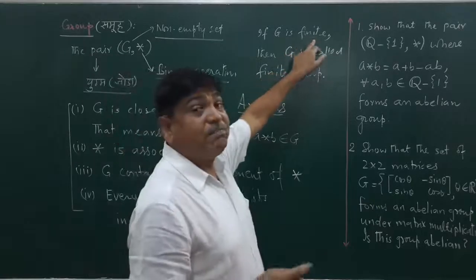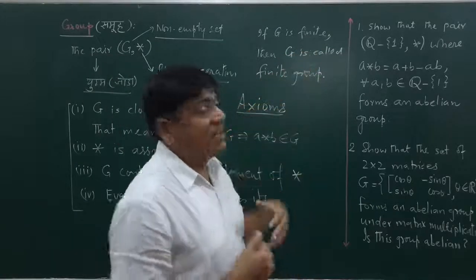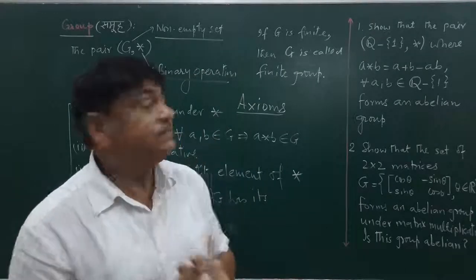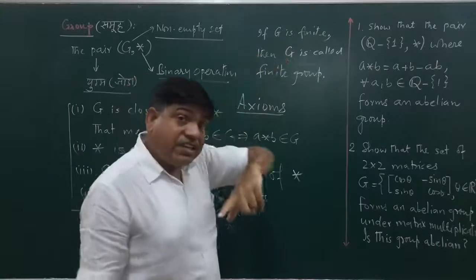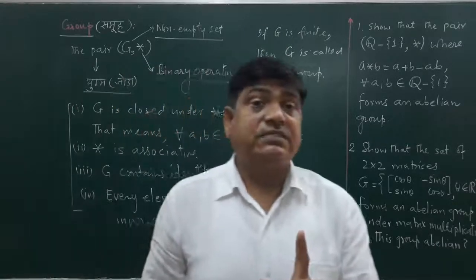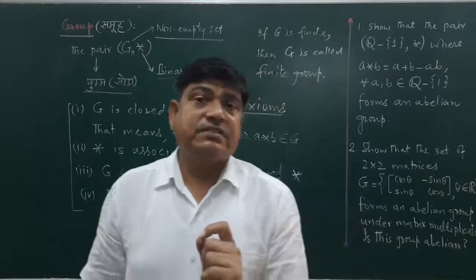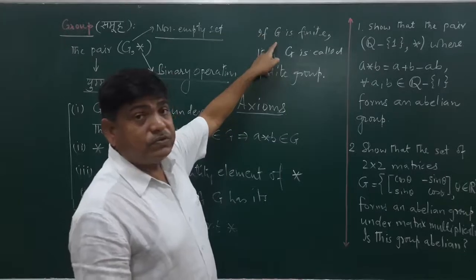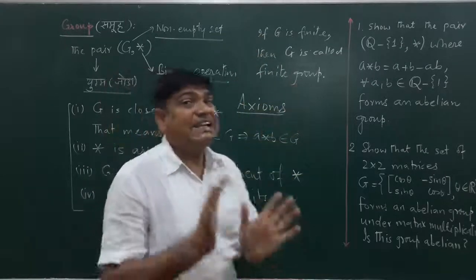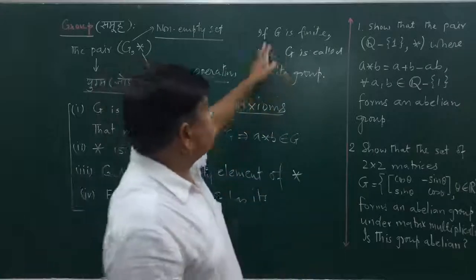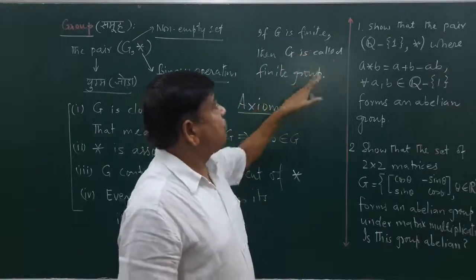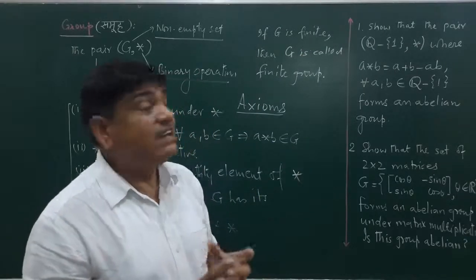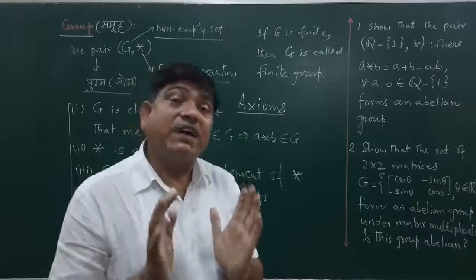If G is finite, परिमित, then G is called finite group, otherwise it is infinite group. I repeat, यदि G एक अरिक्त परिमित समुच्चय है तो इस समूह G को परिमित समूह भी कहते हैं. So if G is finite, then G is called finite group, otherwise infinite group. So if G is an infinite set, then if it is a group, it is an infinite group.